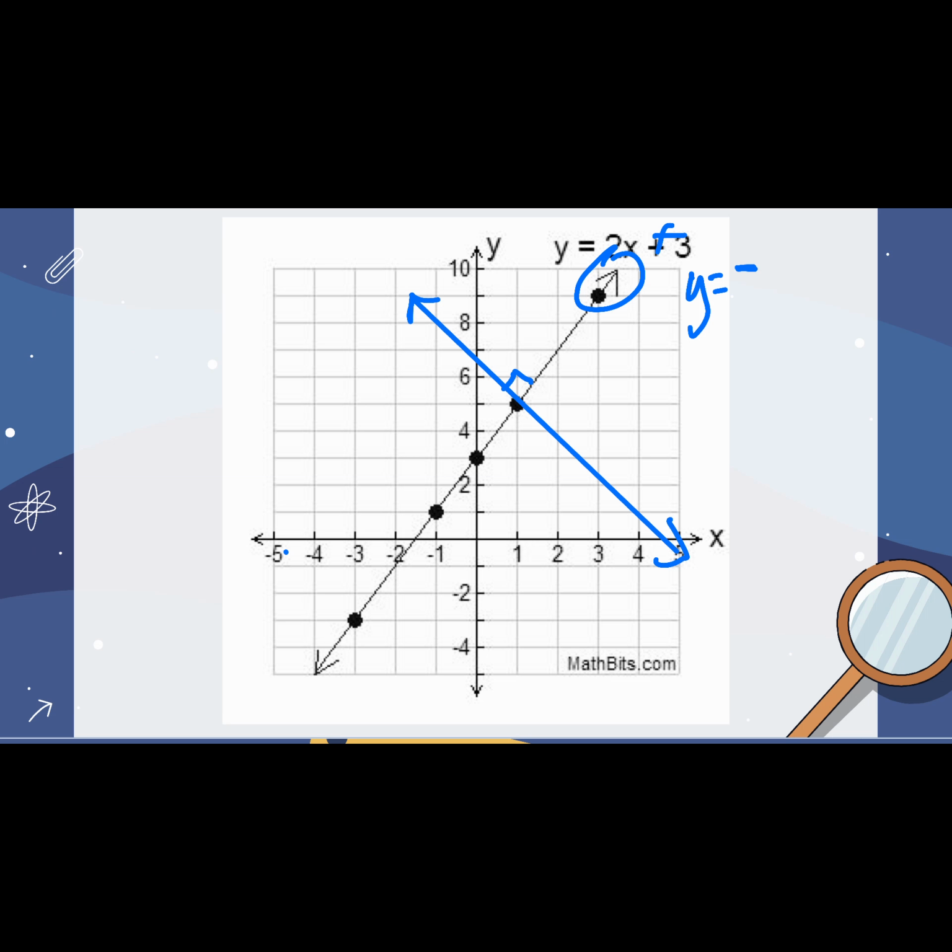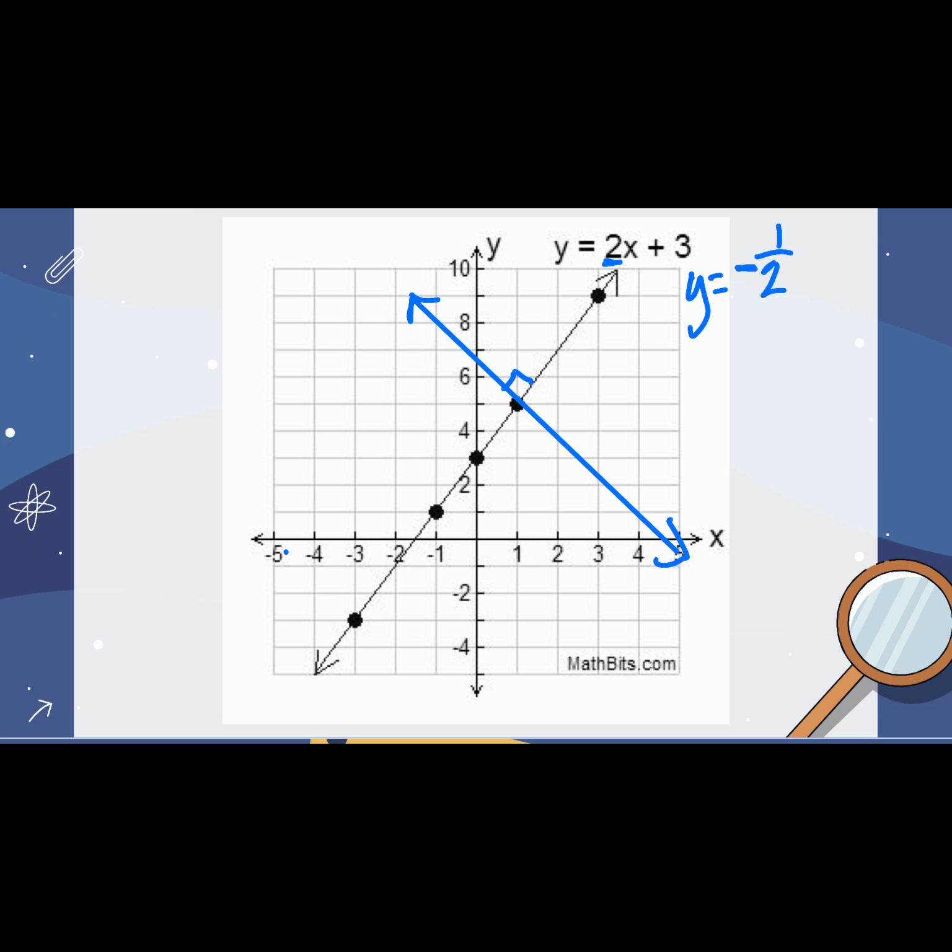Now, with the number, if we have a slope of 2, then if we're writing a perpendicular line, the new slope changes sign, like I said, from positive to negative, but also the value of the slope becomes the inverse. So instead of 2, the slope would be 1/2. When we're talking about perpendicular lines, we call this the opposite inverse. It's opposite because we change from positive to negative.